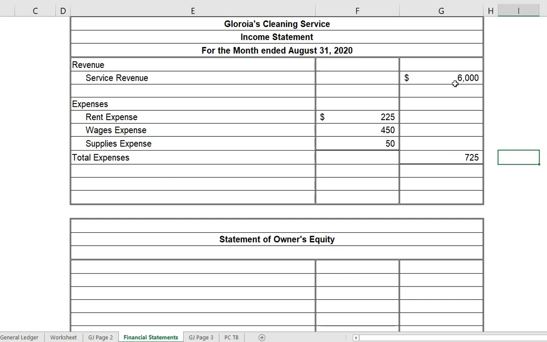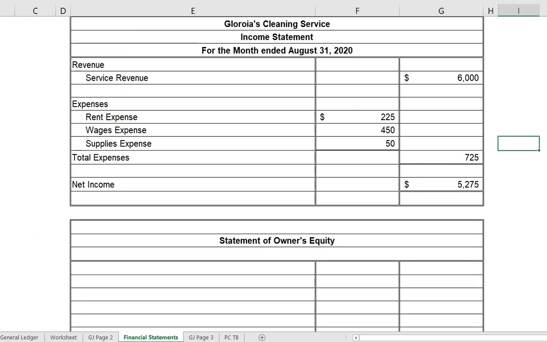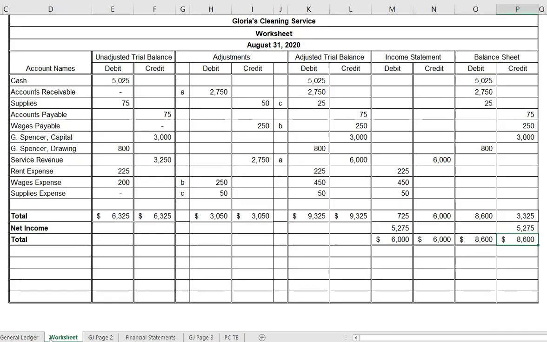So I'm going to do revenue minus expenses, and that is going to give me my net income. That's going to equal revenues minus expenses. And so we're going to do a dollar sign, and we have to do a double underline. And there we are. Okay, and it agrees to the net income number from our worksheet. All right, $5,275.